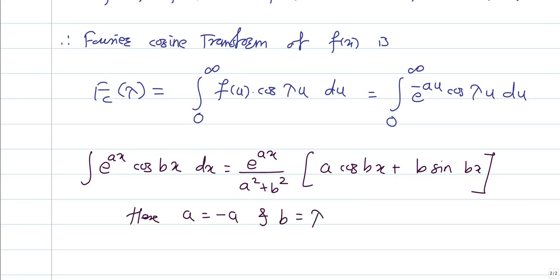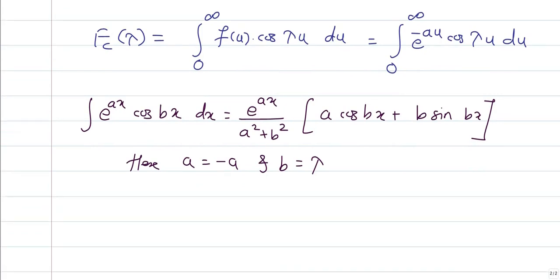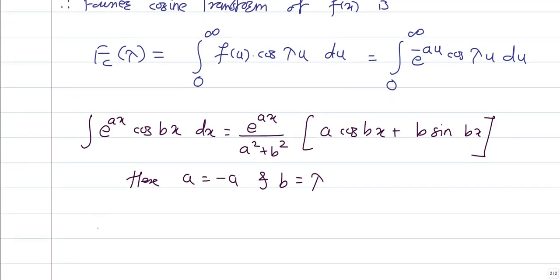So by using this formula we get fc of lambda equal to e raised to minus au divided by a square, that is minus a whole square will be a square, plus b square, that is lambda square, into bracket a.